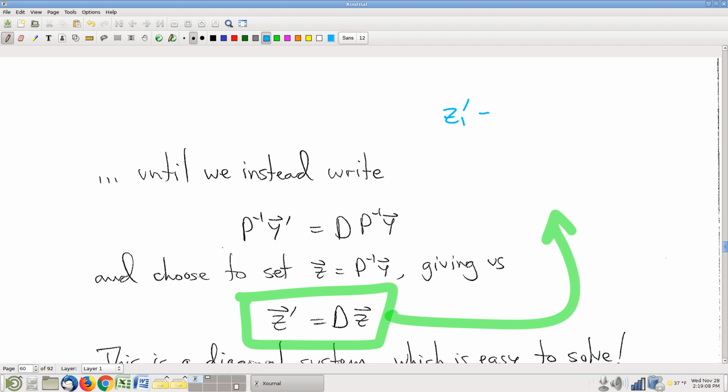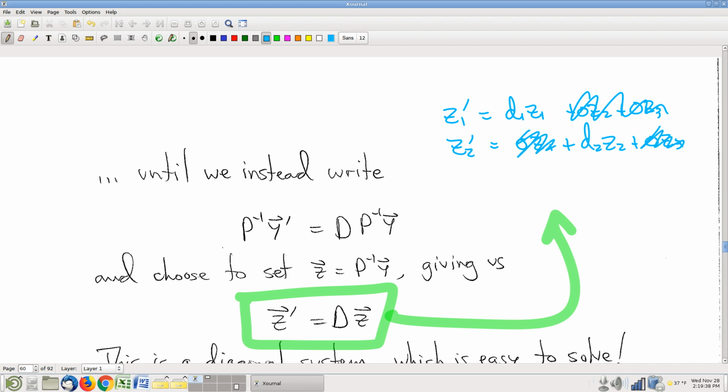For example, z1 prime is equal to d1 z1, and then 0 z2 plus 0 z3. I don't have to write that down really because it's zeros. Then I have z2 prime is 0 z1 plus d2 z2, plus 0 z3. I don't really have to write down those zeros.